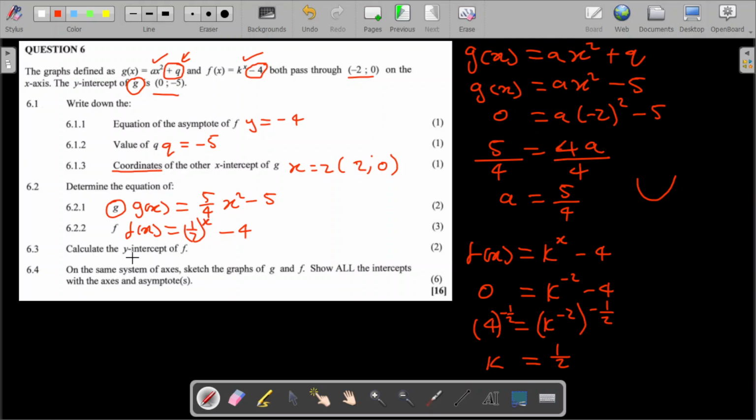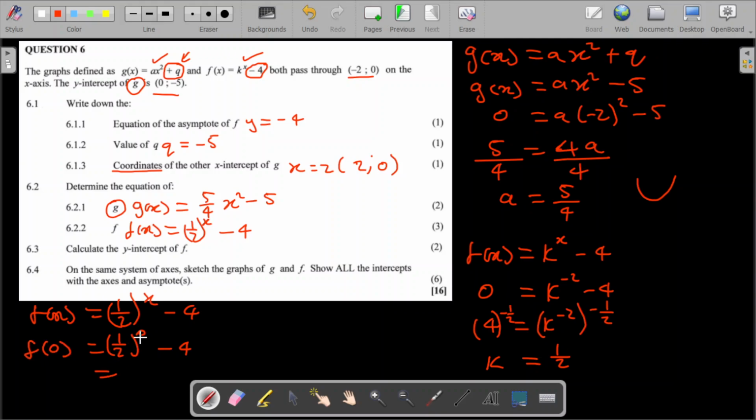Now calculate the y-intercept of f. How do you find the y-intercept of f? Remember, to find the y-intercept, we let x be what? 0. So this is my graph here. Remember y-intercept, so my x has to be 0. So this is 1 over 2 into 0, and then 4.